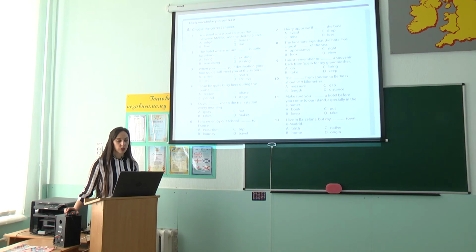Like in the second one, we also have some synonyms over there. The hotel where we are, we have living, remaining, existing, staying, is quite luxurious. So you are to choose one answer, but remember, before doing this, try to find out the difference between all these synonyms.